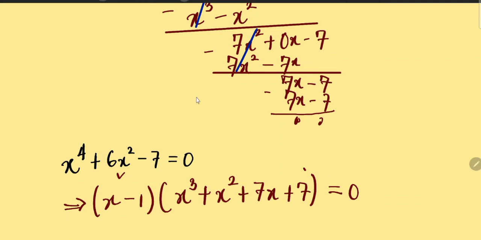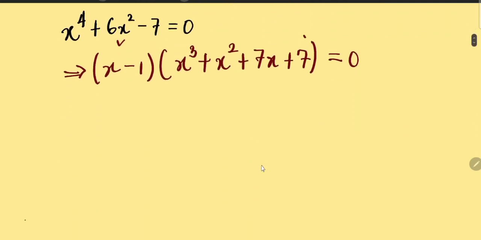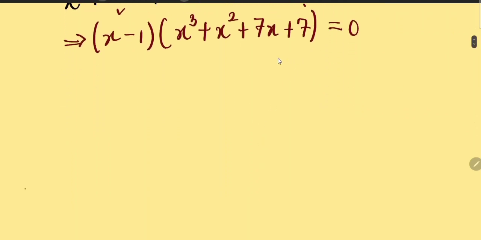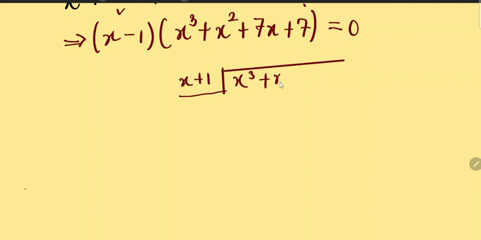So we should go again using our long division method, where we have our normal table that we drew earlier. So we're going to put our x plus 1 here. Then we have x cubed plus x squared plus 7x then plus 7.